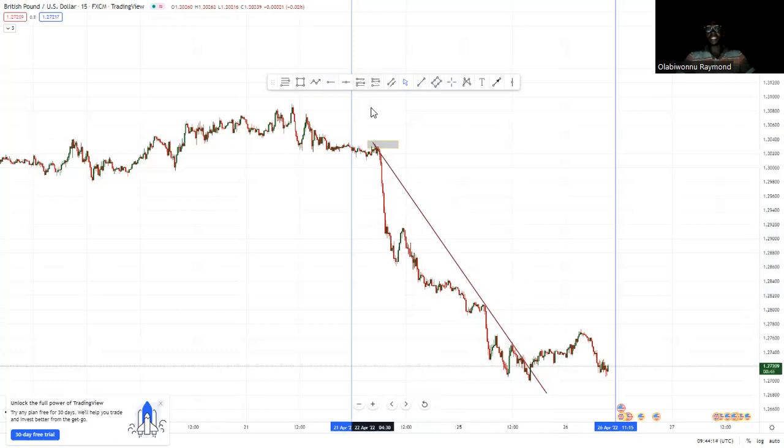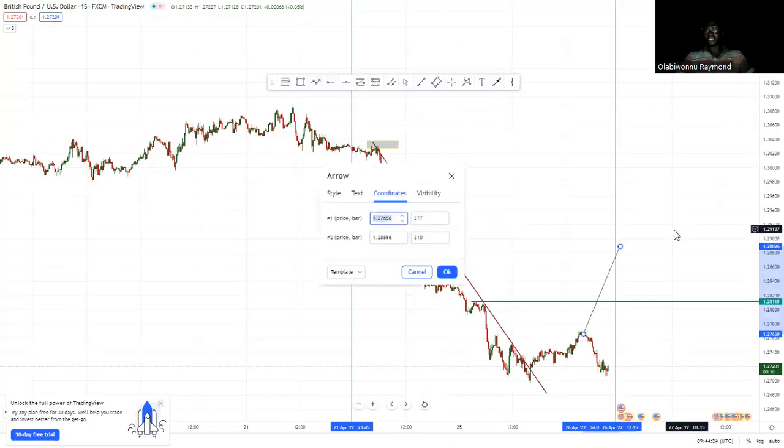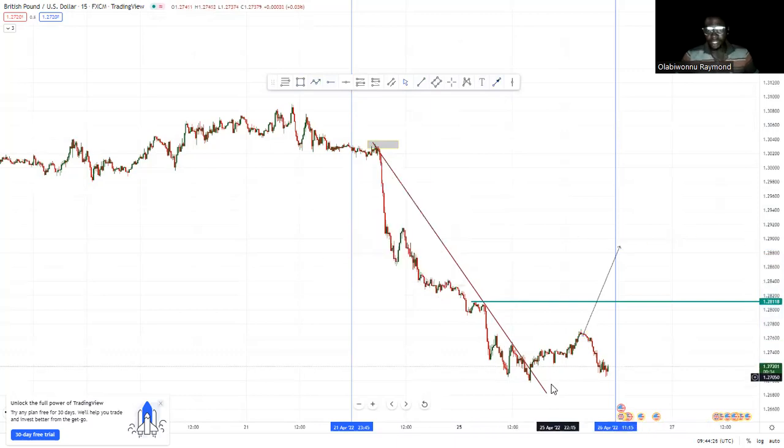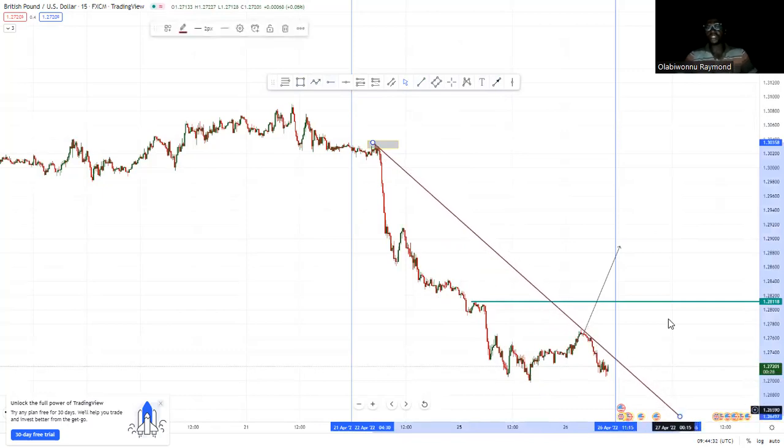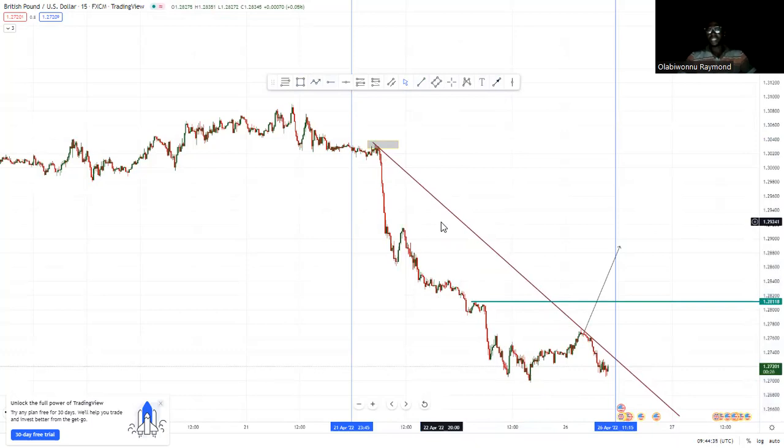Until this price pushes above this area, I can still adjust my trend line to this side, because it is still under the jurisdiction of this trend. Do you guys get that? That is until it fulfills the impulse movement of closing the trend line at least 50%.